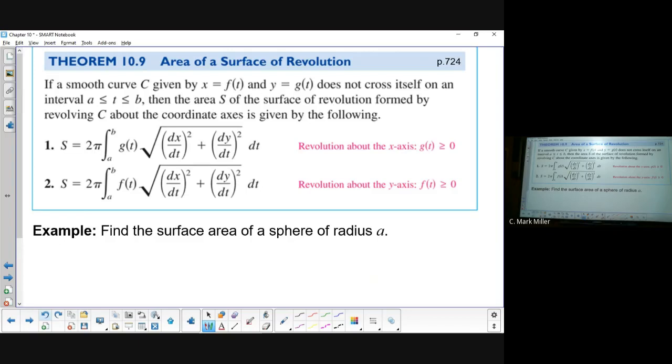In that same section, we did surface areas of functions like y equal f of x, spun around the x-axis and y-axis. This is a little bit different because if I'm going to revolve around the x, which is g of t, should stay up there in the stem.